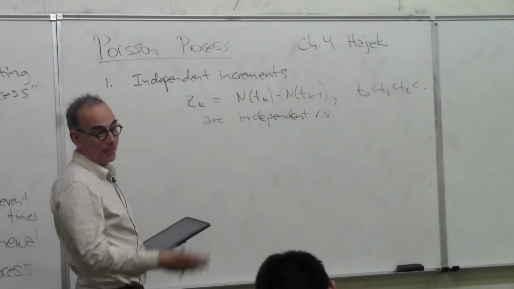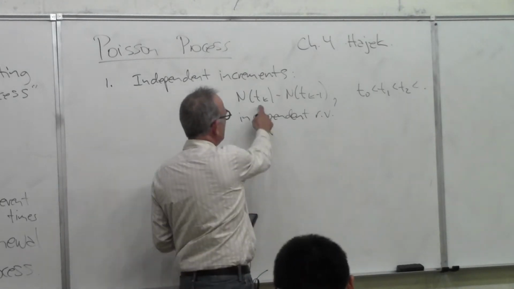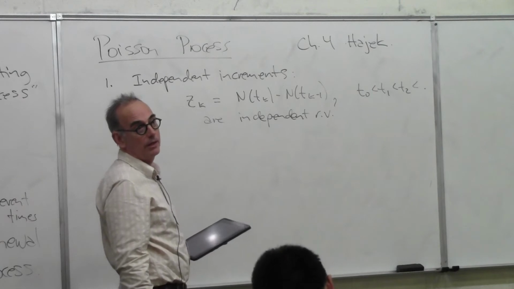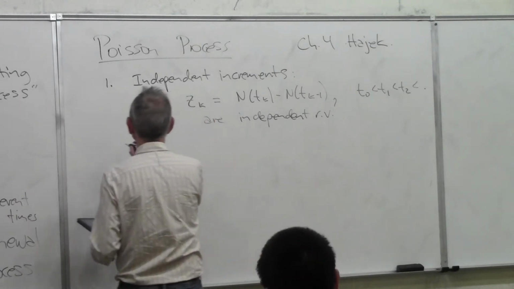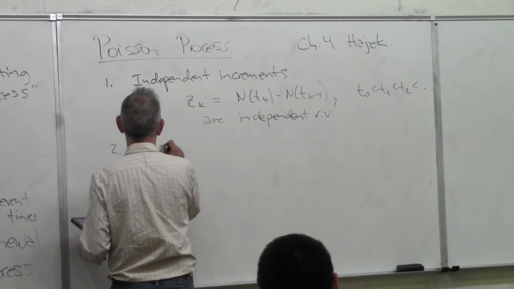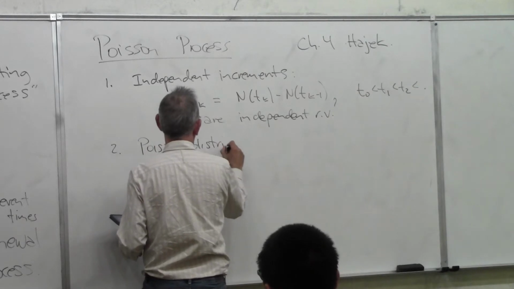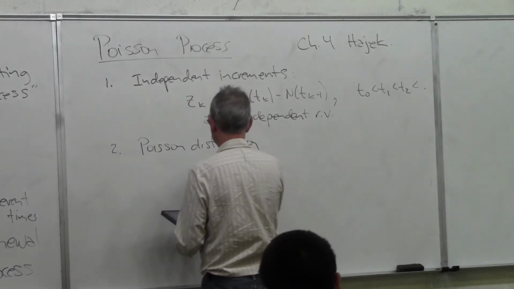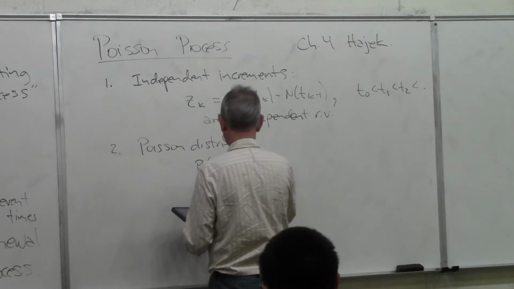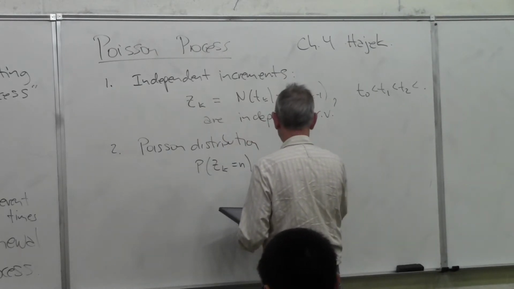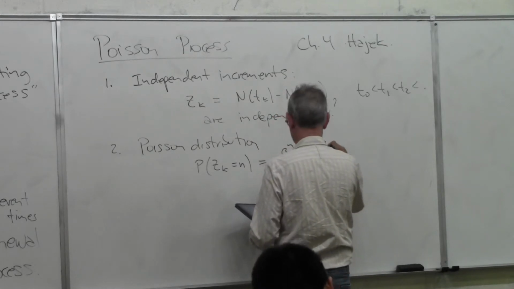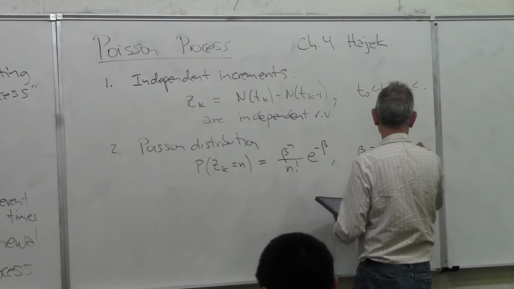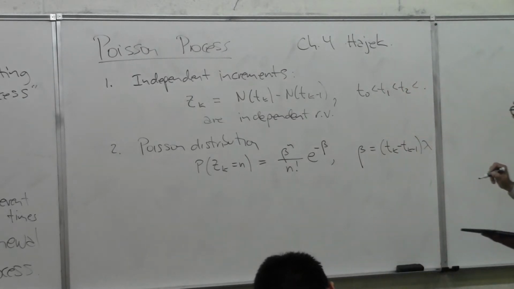And these are independent. Are they Gaussian? No way. This represents the number of events that occurred in this interval of length t_k minus t_{k-1}, and they have a Poisson distribution. So a Poisson process, I should say, with rate lambda.